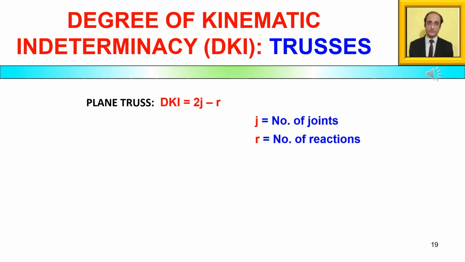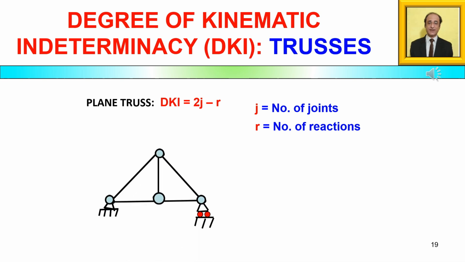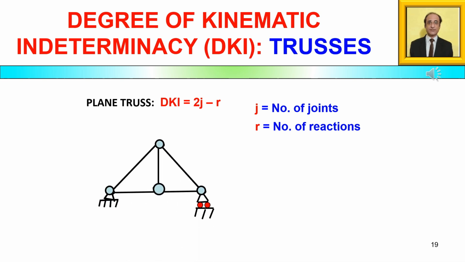Let us consider trusses for DKI. If we are dealing with a plane truss, then DKI shall be equal to 2j minus r, where j is the number of joints and r the number of reactions. This formula is very obvious because at each joint there are two possible displacements, one along the x-axis and the other along the y-axis.